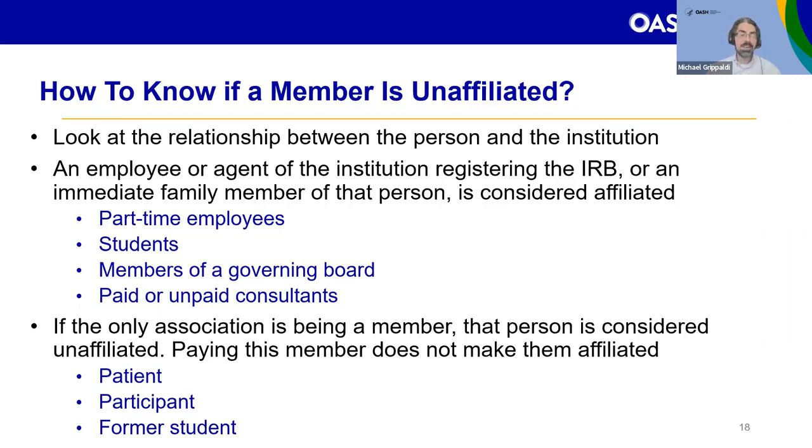Like most things in the IRB world, this is a very fact-specific determination, but we do provide some details and descriptions to help identify who is not affiliated. And using our previous examples, from the fact patterns we've been given, Dolph would likely qualify as an unaffiliated member because the only relationship specified is that he's serving on the IRB. But Sally, as an employee of the university, would be an affiliated scientist member.